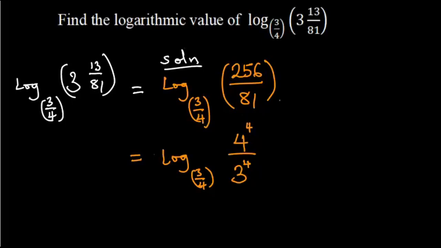Yes, because if I had reduced 256 using 2, I wouldn't have a power that would be common to that of 81. But in this case, it is obvious that 256 is having an exponent 4 and 81 is also having an exponent 4. So we have the same exponent in this case. And that was my main aim of doing that.